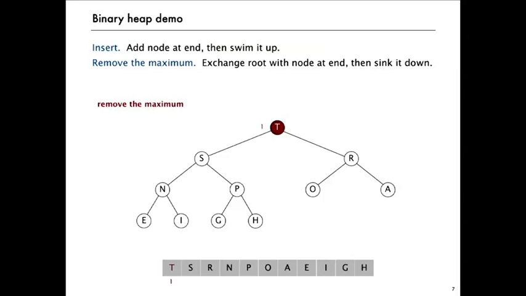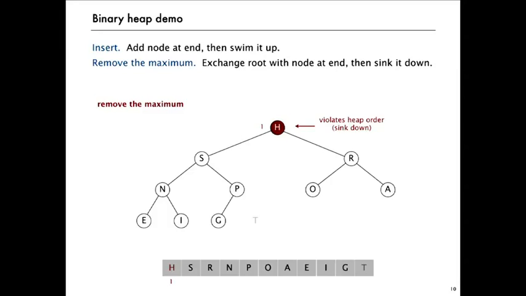Now suppose the next operation is remove the maximum. So we're going to take T and we're going to exchange it with the last element, and then declare that to be no longer part of the heap. So now we have to bring the heap order back because it might be violated at the root.